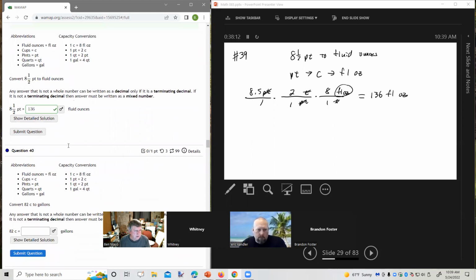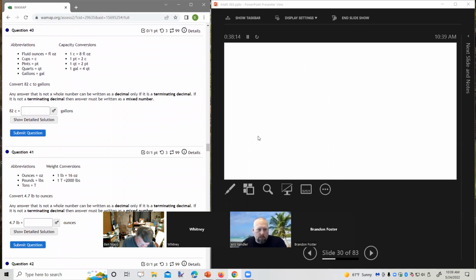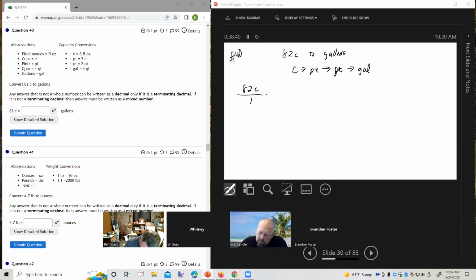Okay. Continuing on to problem number 40. Convert 82 cups to gallons. All right, roadmap. From cups, I can go to pints. And from pints, I can go to quarts. And from quarts, I can go to gallons. So 82 cups. Cups to pints, pints to quarts, quarts to gallons.